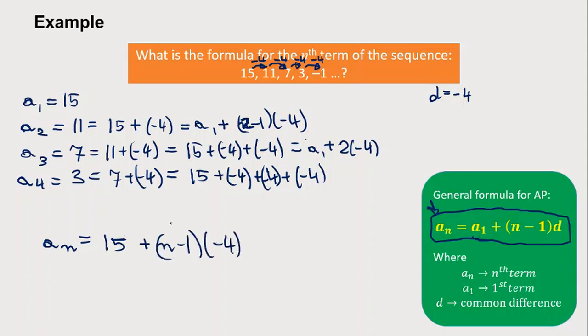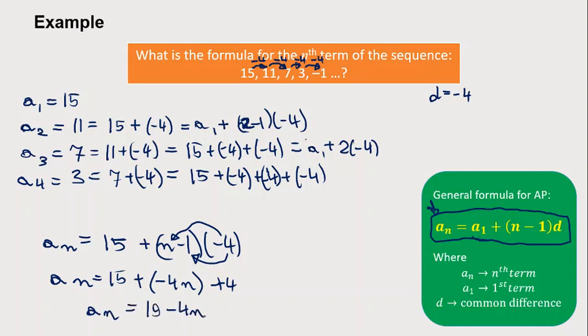I can then expand this, bringing minus 4 into the bracket by multiplying it with any term inside the bracket to get an is equal to 15 plus minus 4 times n, which is minus 4n. Minus 1 times minus 4 is plus 4. The numbers can be added together because they are like terms, and therefore we end up with an is equal to 19 minus 4n. This is the specific formula for the nth term of this sequence.